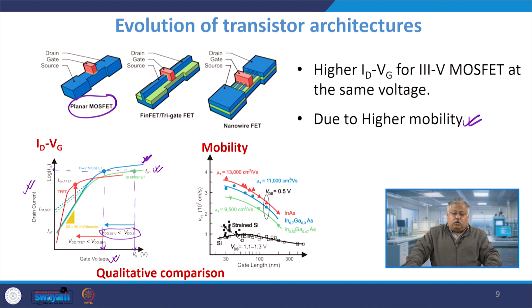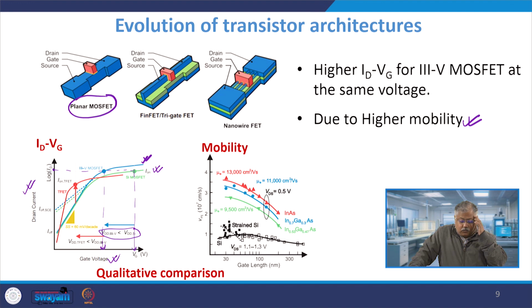Look also at the graph here and see that if you extrapolate this green and blue curve backwards, then the off current available to me is when the gate voltage is 0; the amount of current flowing through the device is the off current. The off current is relatively higher for III-V material as compared to silicon MOSFET.